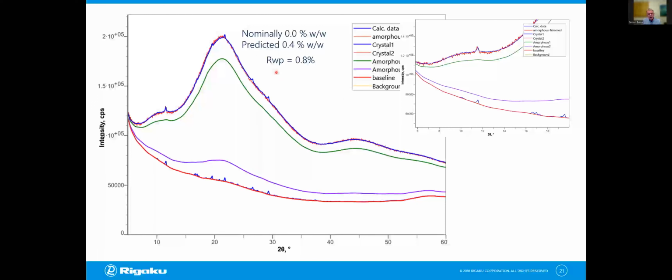And here our goodness of fit, the R value is about 0.8%, so this is a pretty good description of the measured data. And again, you see in some cases it's fitting peaks that don't actually appear in the data, but the quantitative results depend on total area and not how individual peaks themselves actually look, or how well they're described in the model.